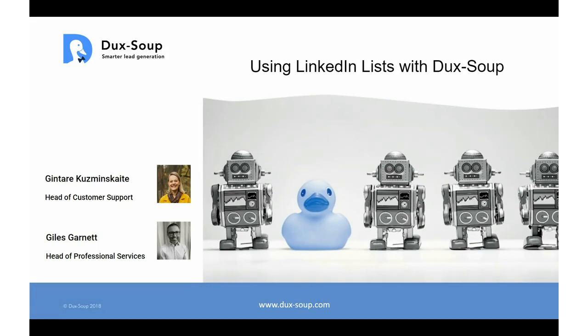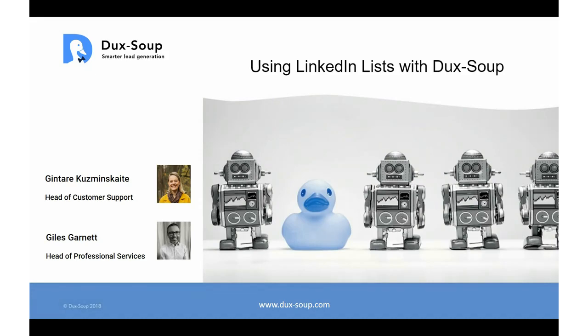So today, I'm not going to be looking so much at the in-depth functionality of DuckSoup, but more where we can find sources of data within LinkedIn that we can then apply for use by DuckSoup for your automated actions. Now, all the lists that I'll show you today can be traversed by the DuckSoup robot.